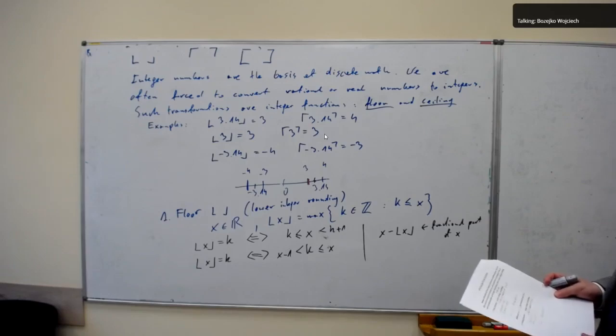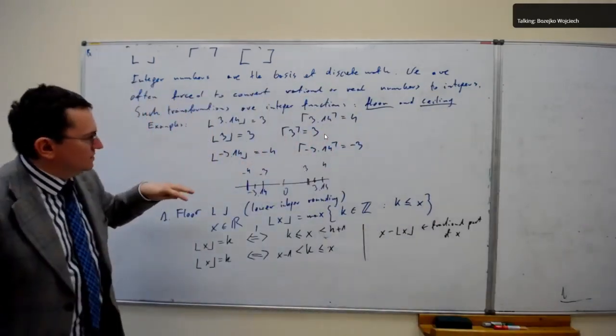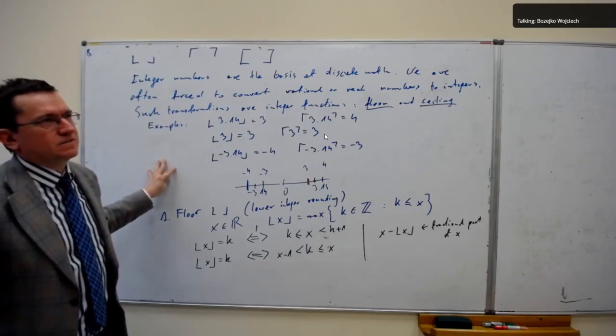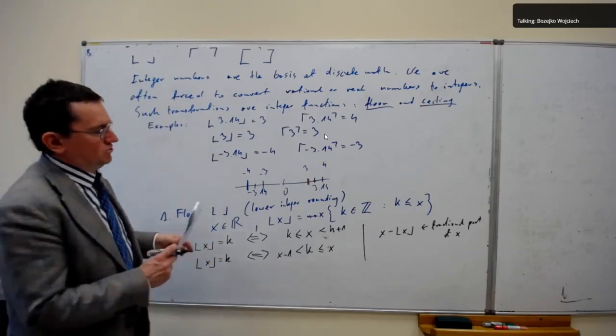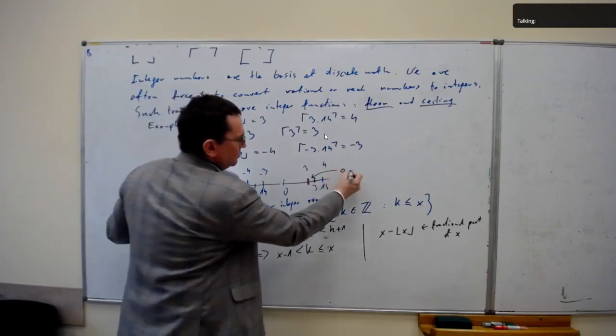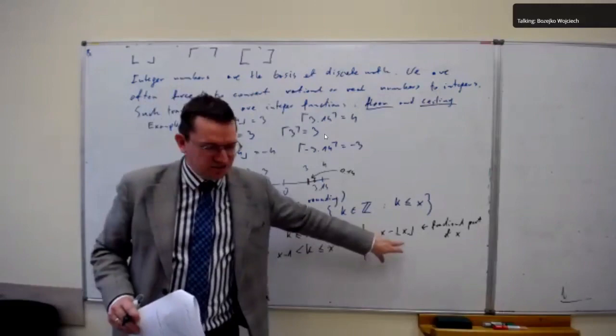However, for negative ones, this is a little bit strange, because for positive ones, for example, the fractional part will be 0.14, as the difference between 3.14 and 3.